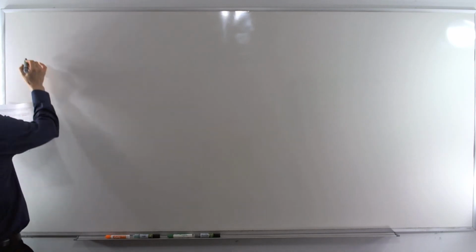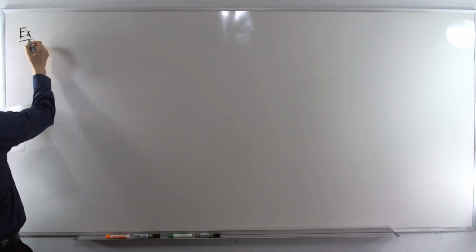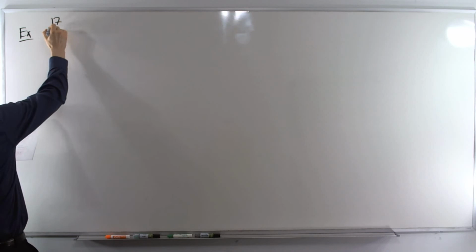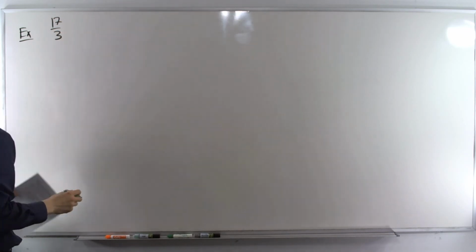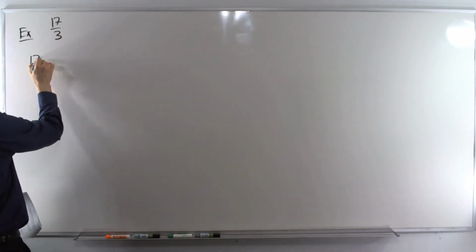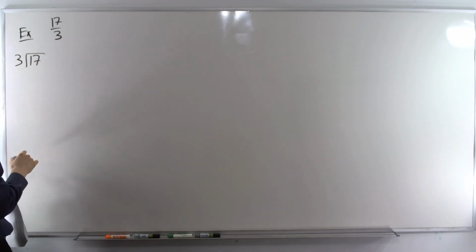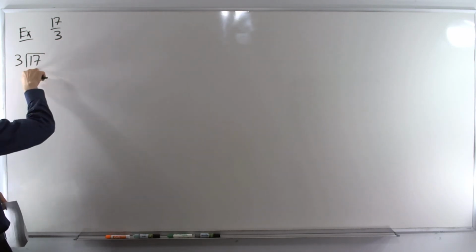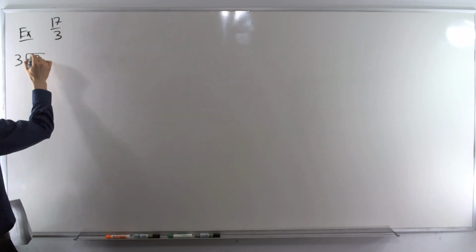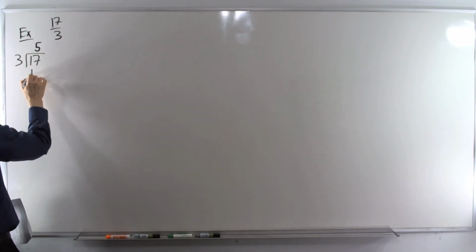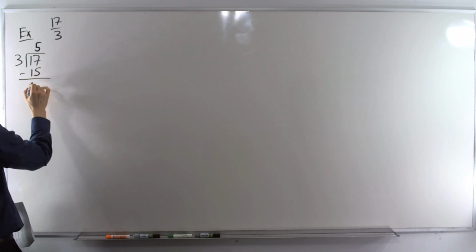So let's, as an example, write 17 thirds as a mixed number. First thing we're going to do is divide 17 by 3. 3 goes into 17 5 times. We get 15, subtract to get 2.